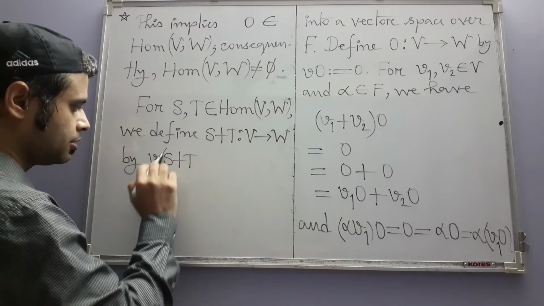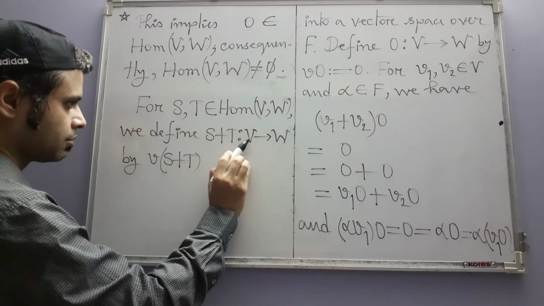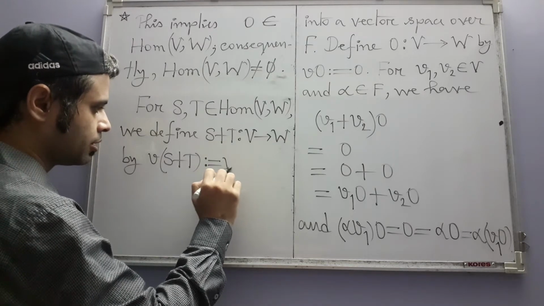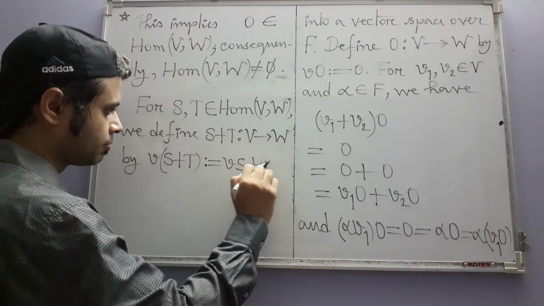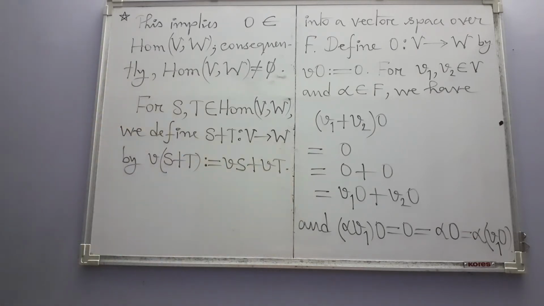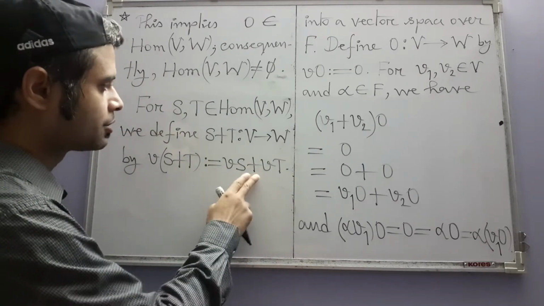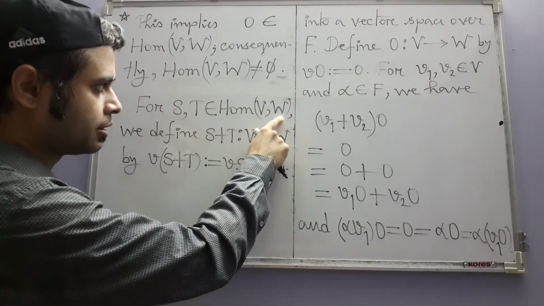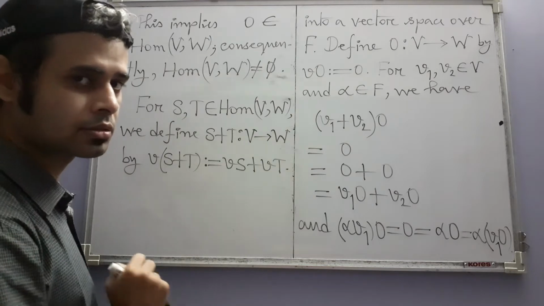The S plus T image of any vector V from the domain is defined to be equal to the S image of V plus the T image of V. And this plus, you can of course understand, is the plus in vector addition in the target space W.